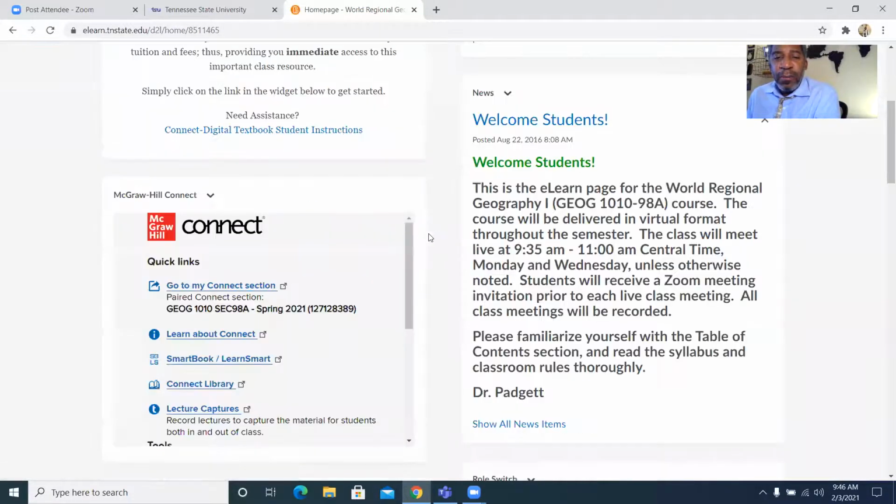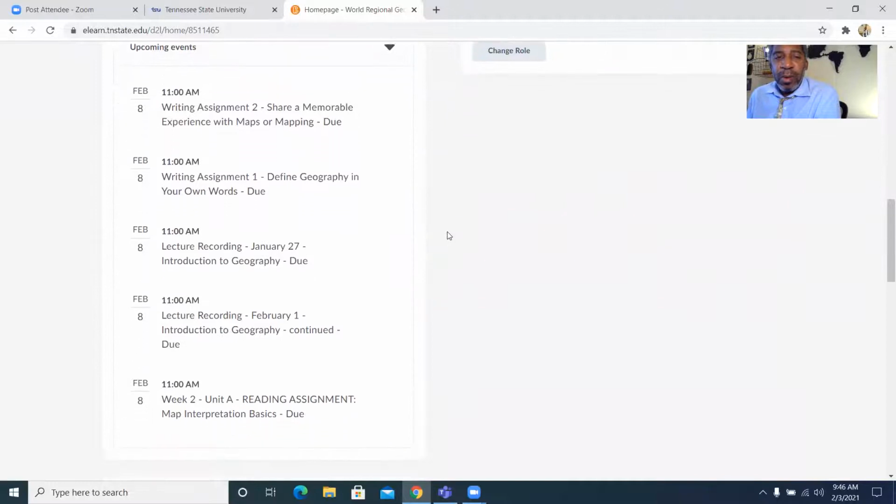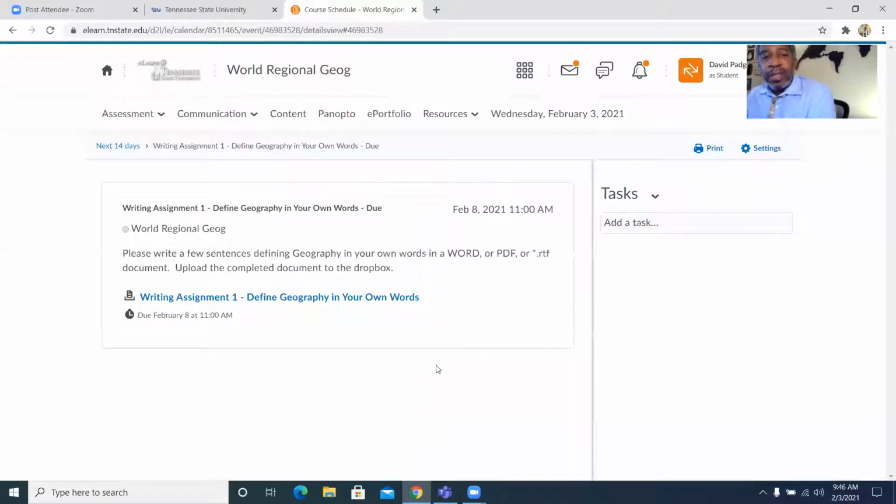Okay, so if you notice, there are a couple of assignments that I've extended the deadline for. I noticed that many of you have already done writing assignment 1 and writing assignment 2, but if you have not done that, I've extended that deadline. The first assignment is just to define geography in your own words.